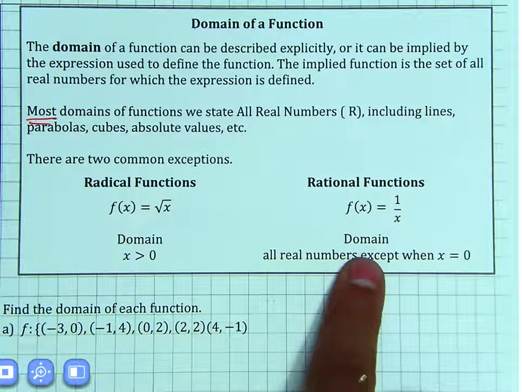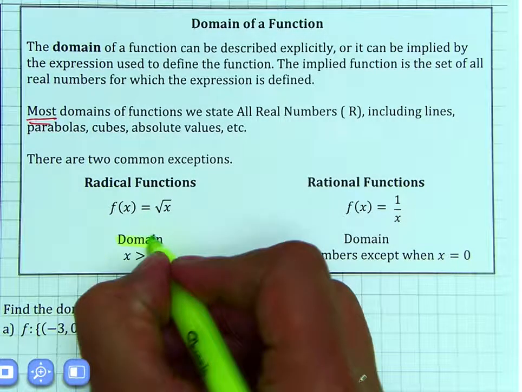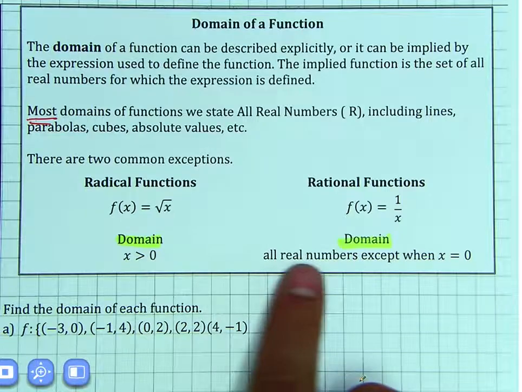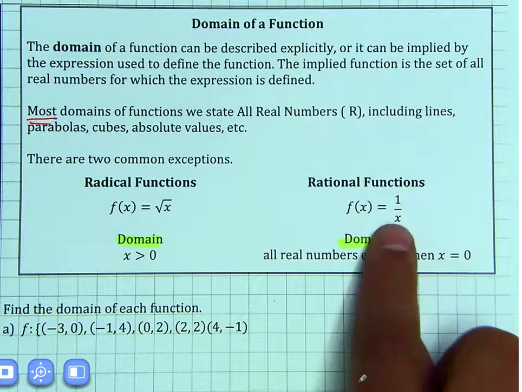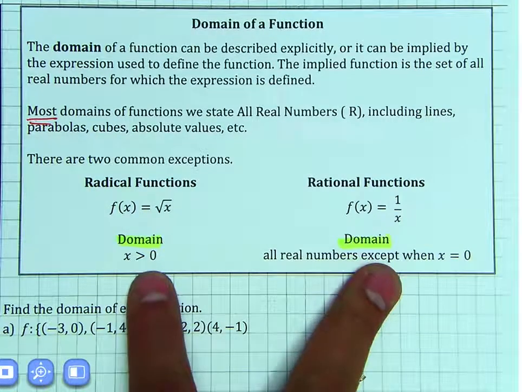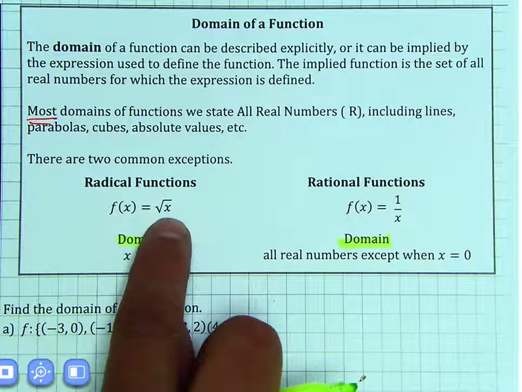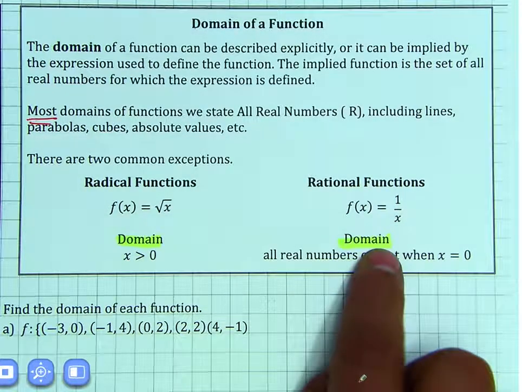Same thing for this one. It applies, all real numbers except for x equal to 0, whenever you have an x in the denominator. It's going to change slightly whenever we have a number as well, but the concept will be the same.